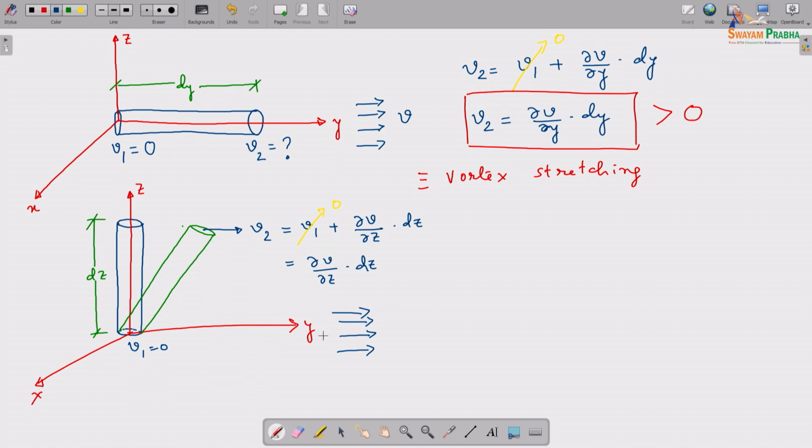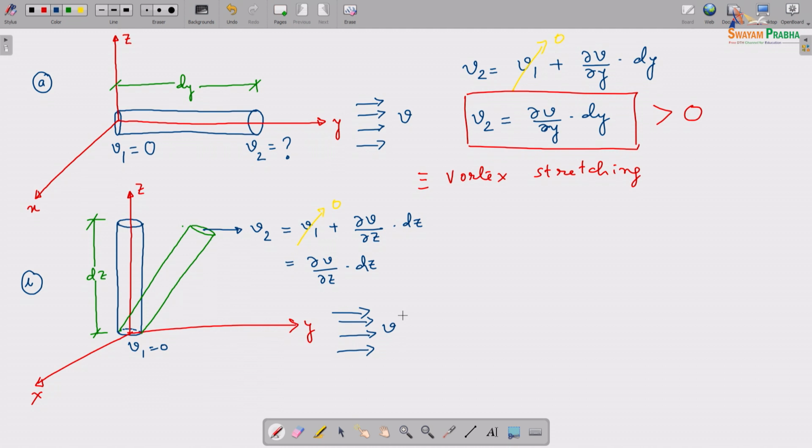So, what is the difference between picture A and picture B is that in picture A I have considered a fluid element which is in the direction of the velocity that I am considering at this point of time, which is the y component of velocity. In picture B I have considered a fluid element which is in a direction perpendicular to the direction of velocity which I am considering at the moment, which is the y component of velocity.